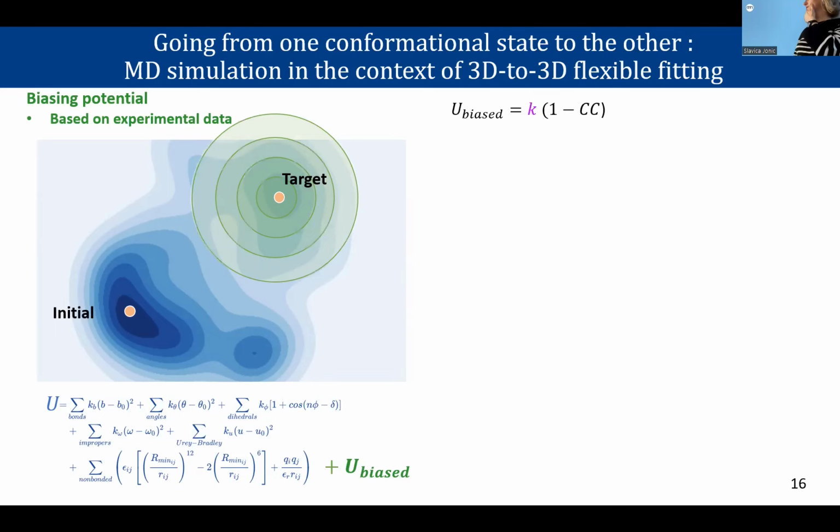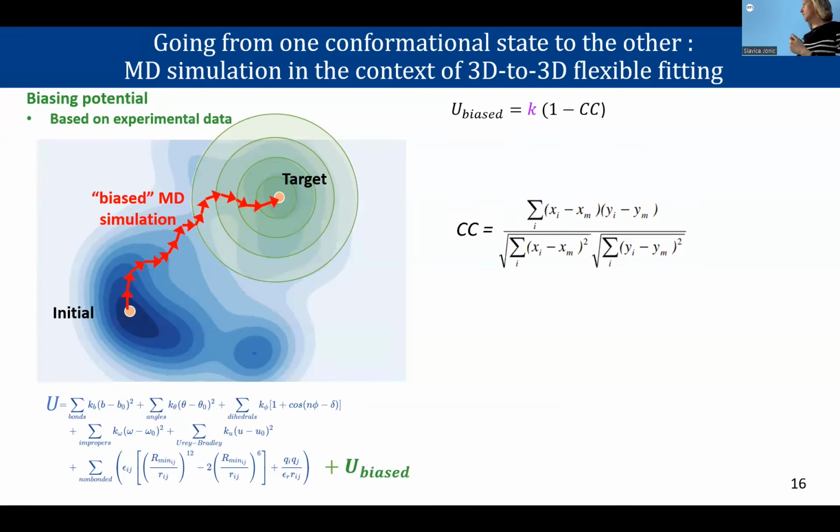Then you can calculate cross correlation between the simulated density from the atomic model that is evolving. The atomic model follows some trajectory, and at different steps you can calculate a density map. So you simulate a 3D EM map, and then you compare the simulated map with the given EM map. You can use, for example, the correlation coefficient to compare the two maps.